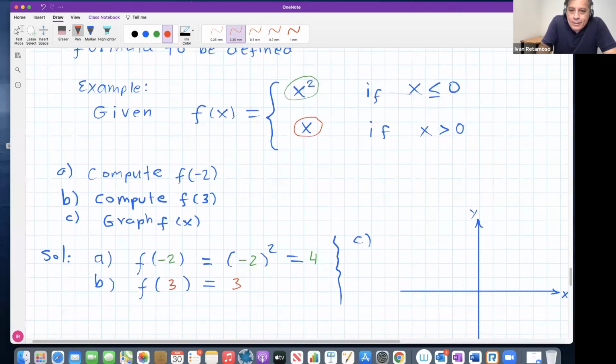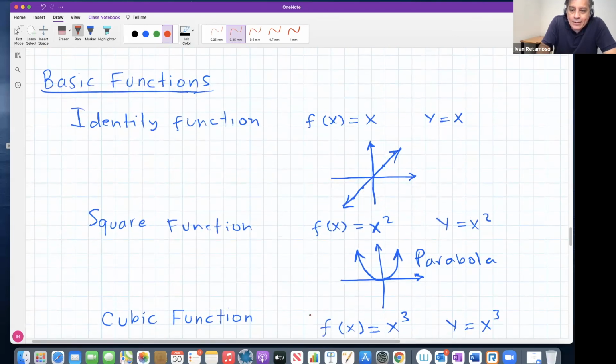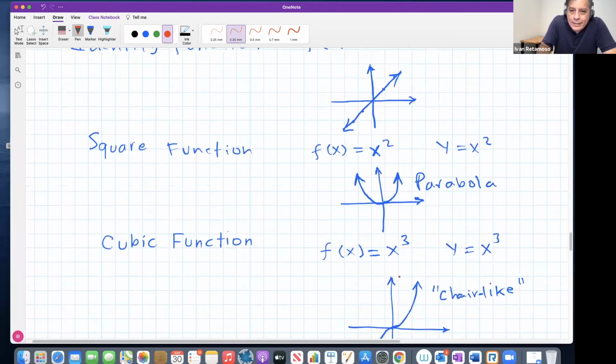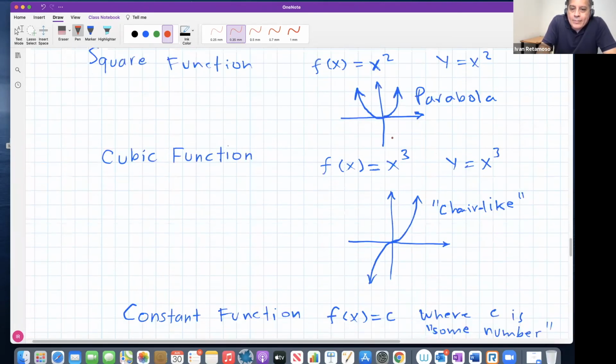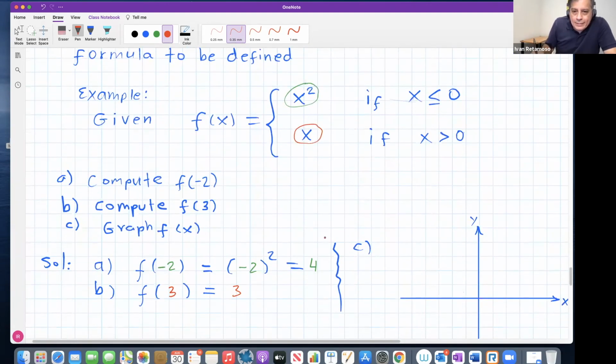Now, they want you to graph. To graph, you have to recall the main graphs, which are called parent graphs, right? Parent functions. Look, we need the parabola here, and we need the identity function, right? But where do you draw your parabola? Well, for x less than or equal to 0, you should consider a parabola, this U shape, right?